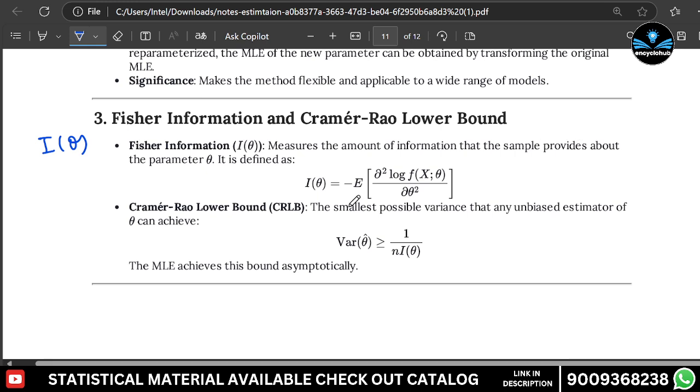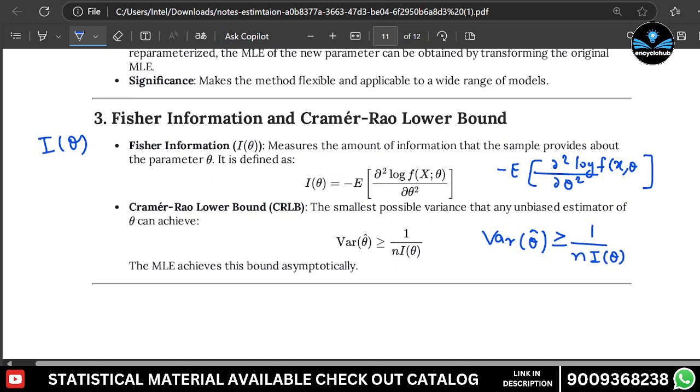It is defined as I theta equals minus E of del square upon del theta square log f(x, theta). The variance of theta cap is always greater than or equal to the inverse of the Fisher information.